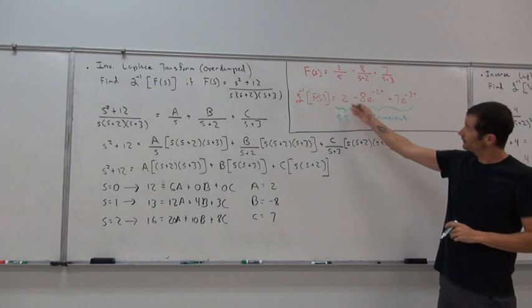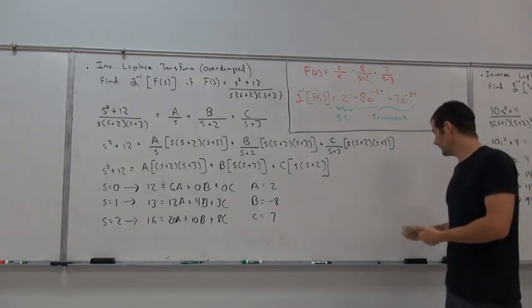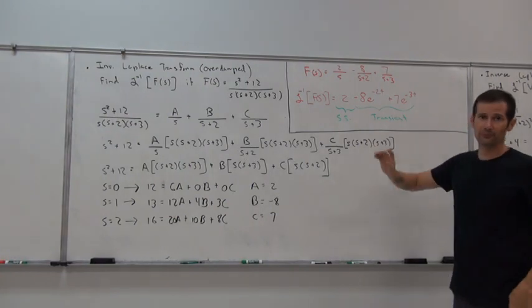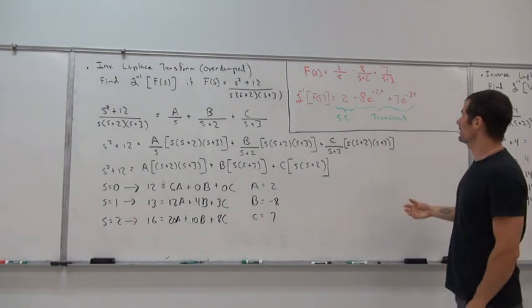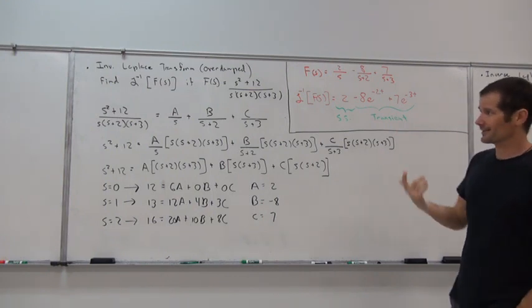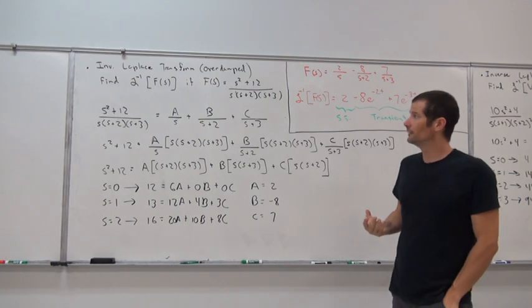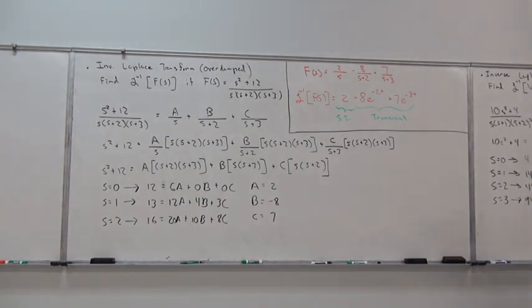Once we take the inverse Laplace transform, we come out with what we would expect: a total response that represents the transient portion as well as the steady state as the system moves towards t equal to infinity. So that's an overdamped case.